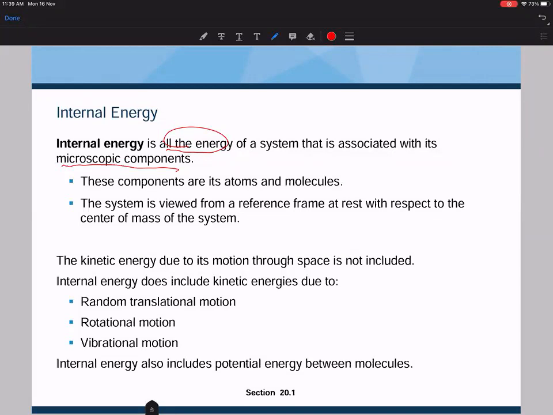They are normally not interacting with one another unless they have collisions. So at least we could assign some energies to them, and that is the kinetic energy of the molecules or the atoms. That would be counted towards the internal energy.